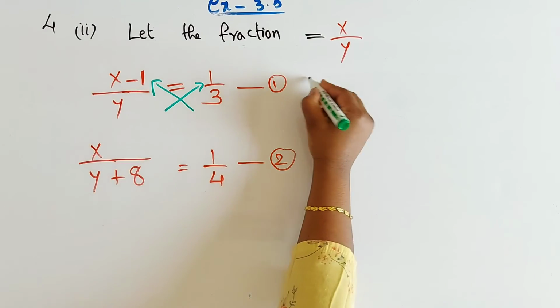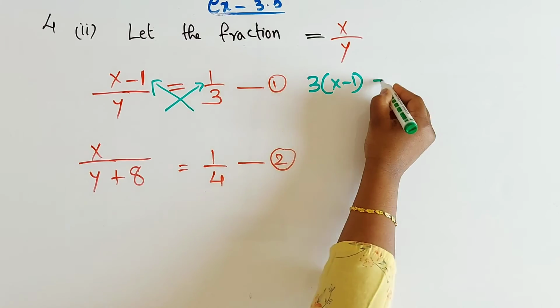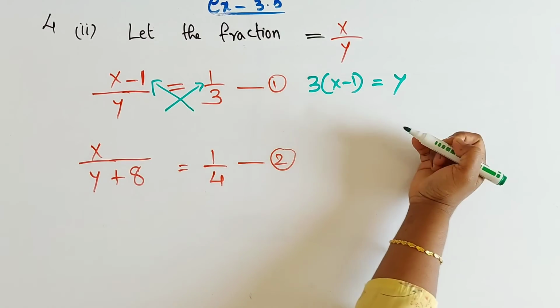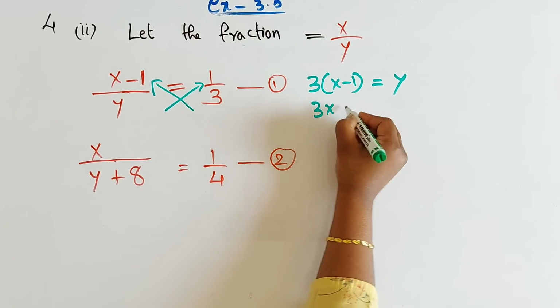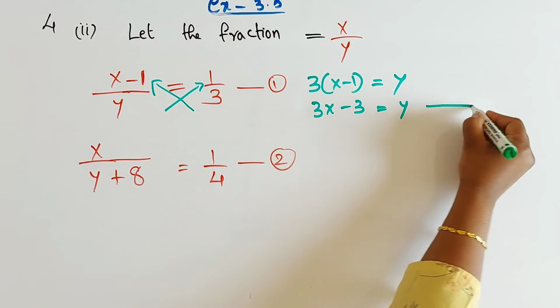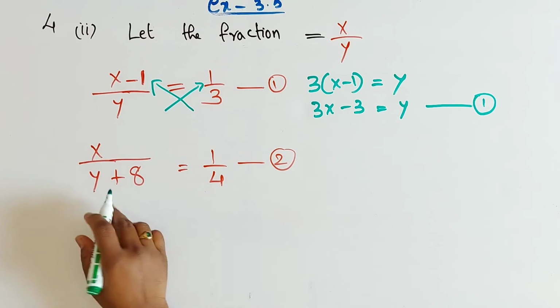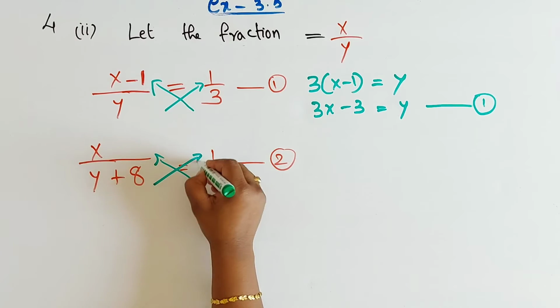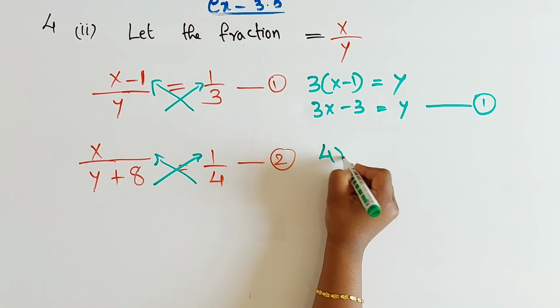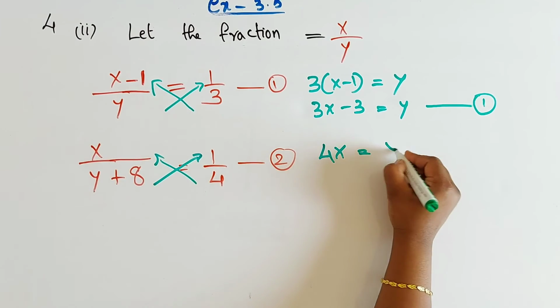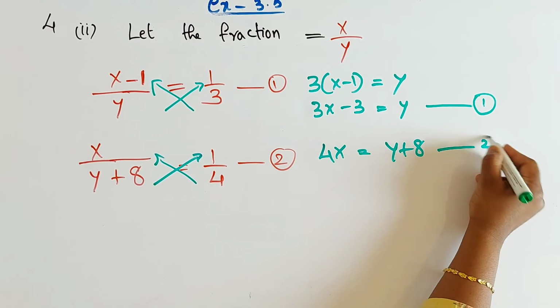So 3 of X minus 1 equal to Y into 1, which means Y. So 3X minus 3 equal to Y. This is the first equation. Here also the same thing: 4 into X, 4X equal to Y plus 8. This is the second one.